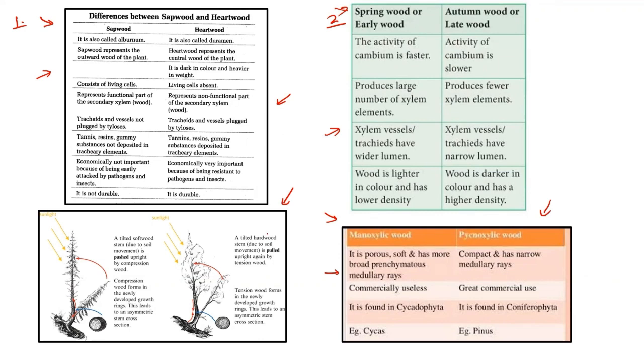Compression wood and tension wood have some differences, whether they are present in an angiospermic plant or in a gymnospermic plant. Those differences you should know, that in gymnospermic wood more compression wood is formed, or in angiospermic wood more tension wood is formed. That you see, and just have a look at the bottom part also, where I have included about the tension wood and the compression wood.